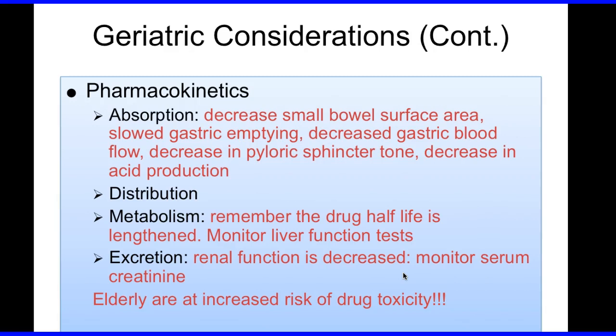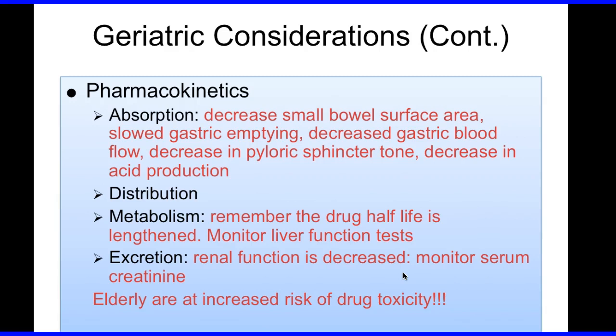Your gastric emptying is decreased. Gastric blood flow is decreased. Your pyloric sphincter, that is, remember, right above the stomach in the esophagus, that opens and closes, that lets food get in and out. That doesn't work as well, so a lot of elderly maybe have to eat smaller meals or get more reflux. And also the acid production is decreased.